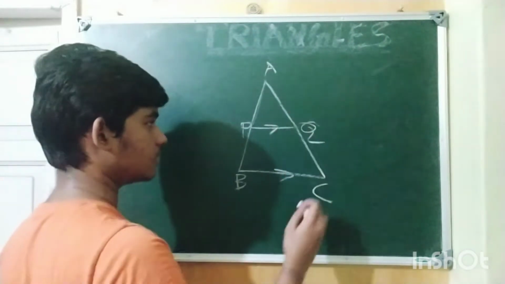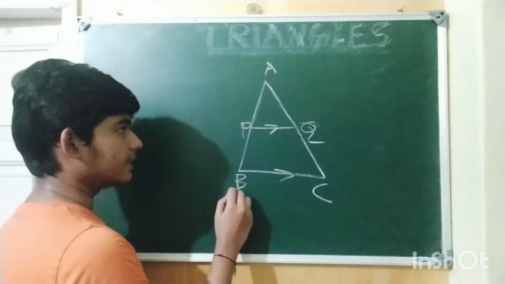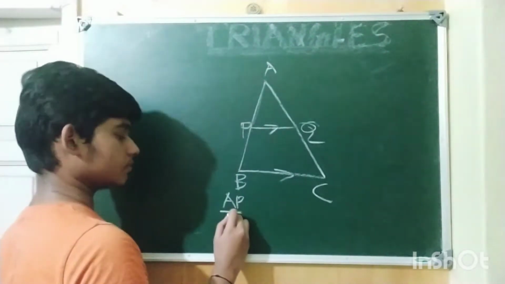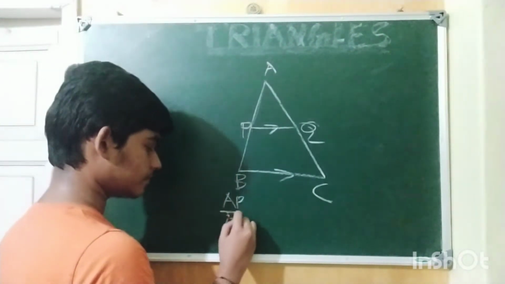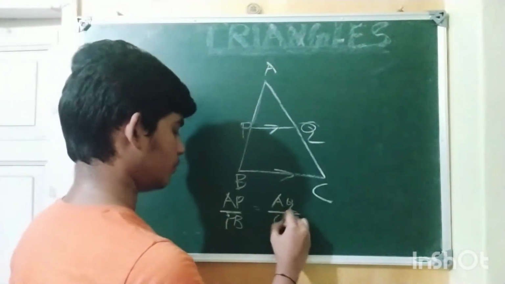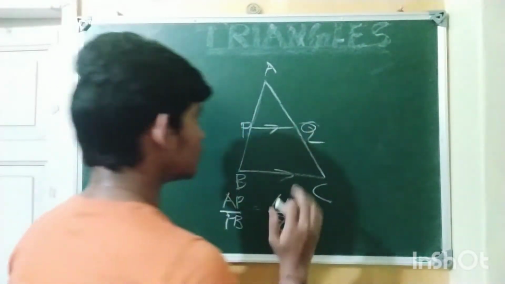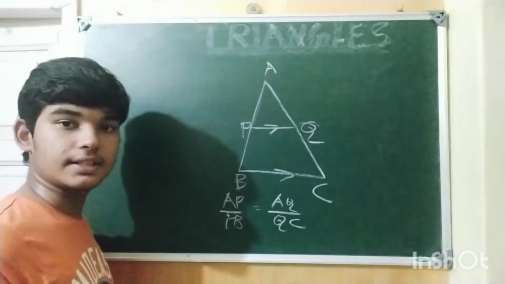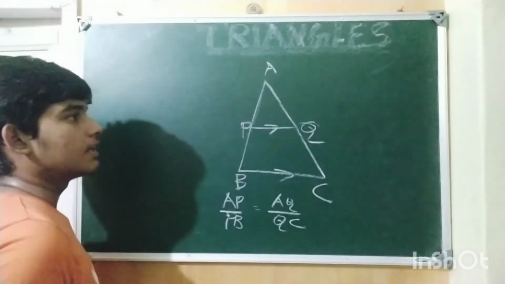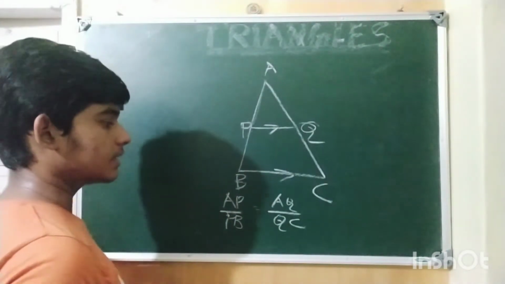Basically what it's saying is AP by PB is equal to AQ by QC. So this is the first theorem. Now let's talk about the second theorem.